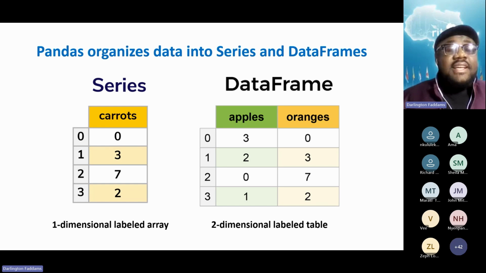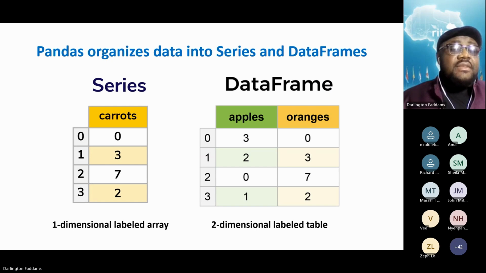We have a lot of data that's in a one-dimensional array, like lists. A list is one-dimensional data. So you can have a list called carrots, and the items in the list can be those numbers. We know that in a list, we also have the indices, and the index numbers can be used to access them.